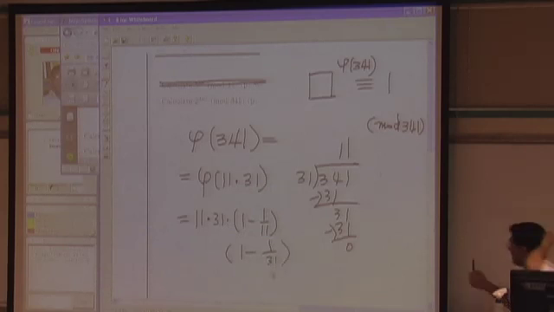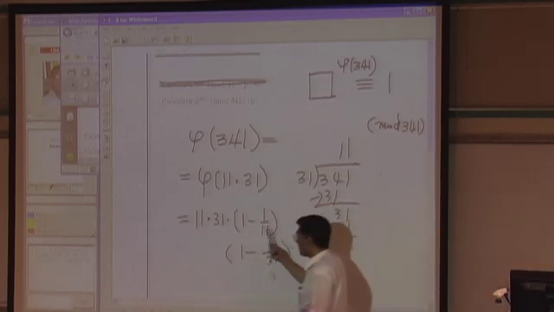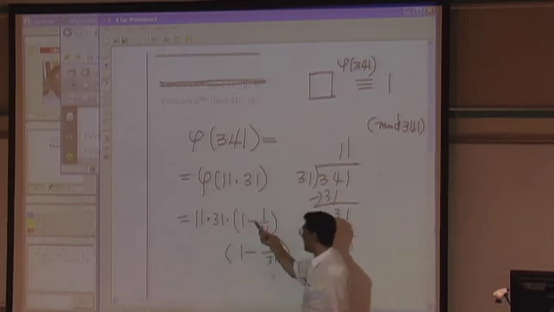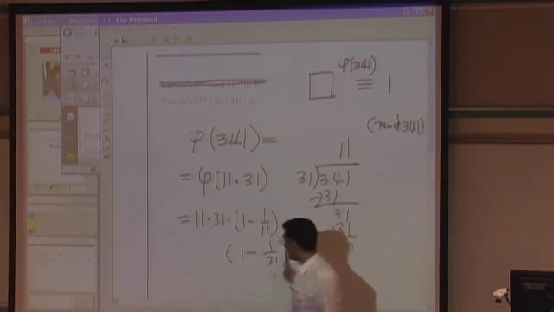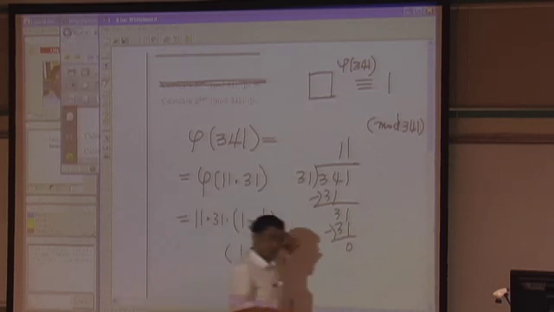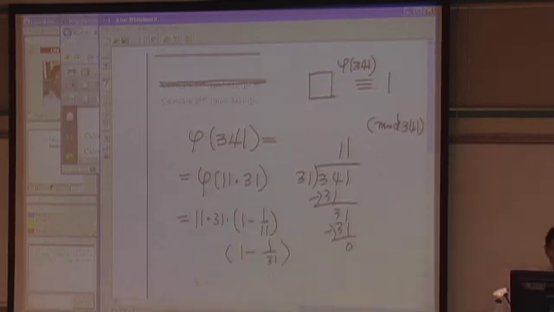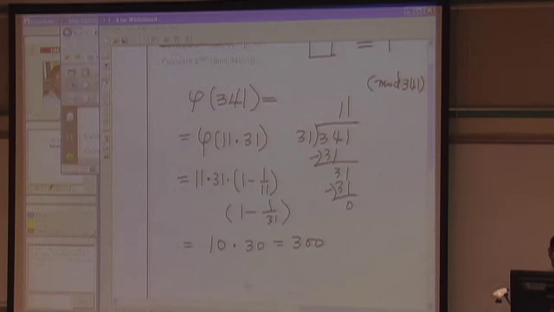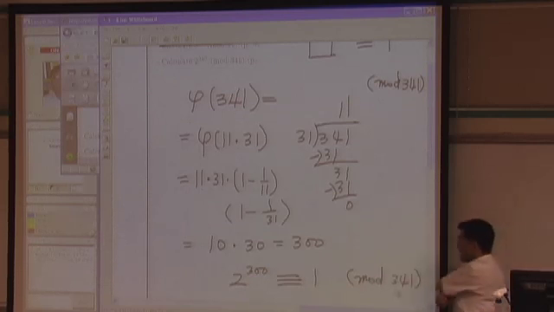Of course, we can write an easier way, but I'm giving you the idea: 341 multiplied by 1 minus 1 over each prime factor. If we calculate it, then it is 10 times 30, so 300. In other words, 2 to the power of 300 is congruent to 1 mod 341. If you don't understand this calculation, ask me.